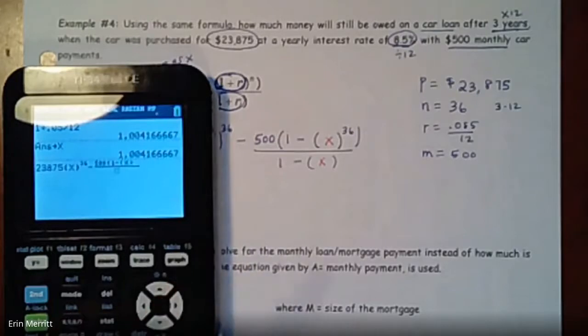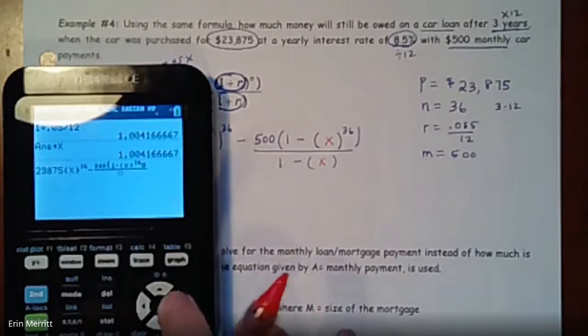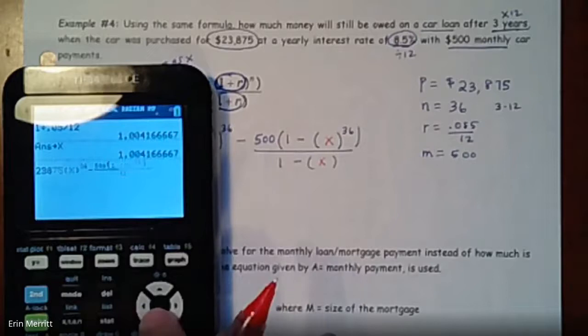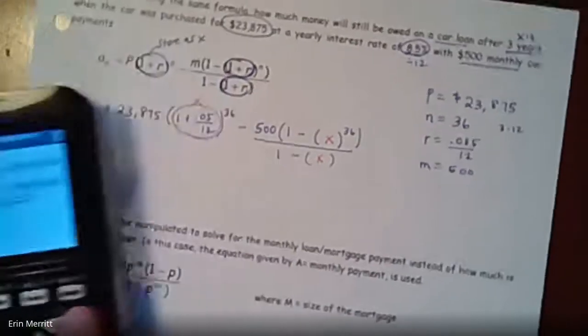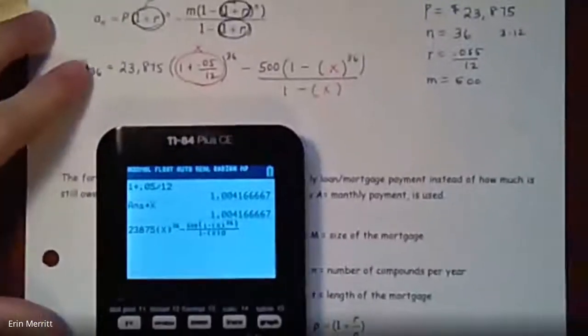If it makes it easier to look at, I will, over 36, close up that top parenthesis, and then on the bottom, 1 minus, and again, just a little x right there. All right, double check that everything is done correctly, and then hit enter.